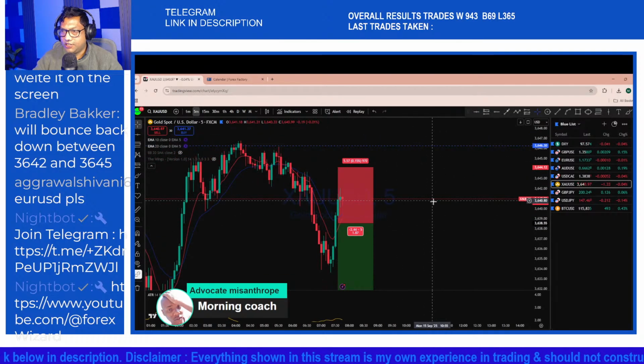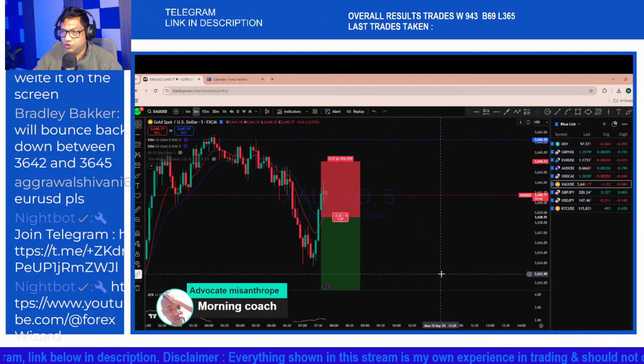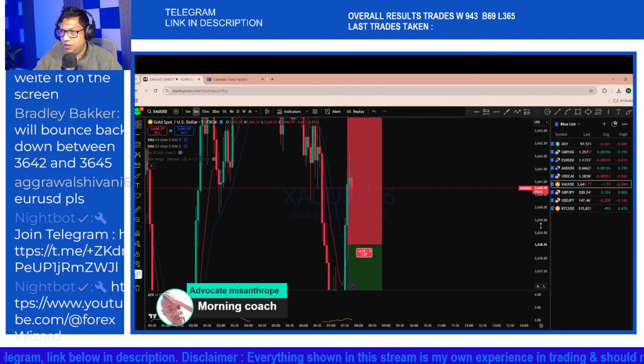With a long wick here, expecting the market to possibly come back below here to fill that zone to create a new lower low in this market.